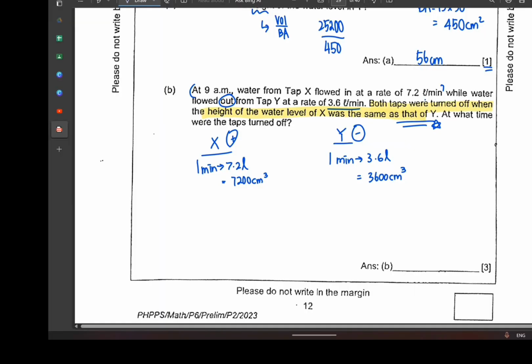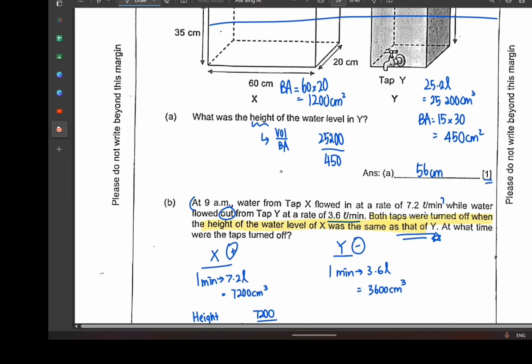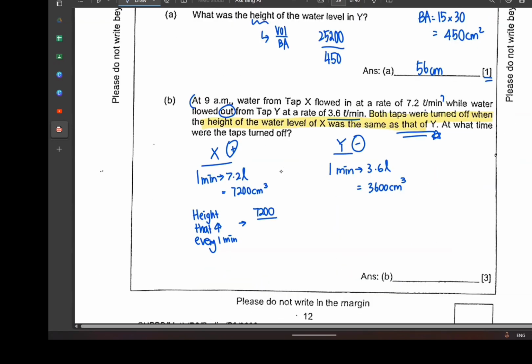Now what you want to do is find the height that increases every 1 minute. Since you are finding the height, we just have to do 7,200 divided by the base area of X, which is 1,200. So for X, it will increase 6 centimeters every minute, plus 6 every minute.